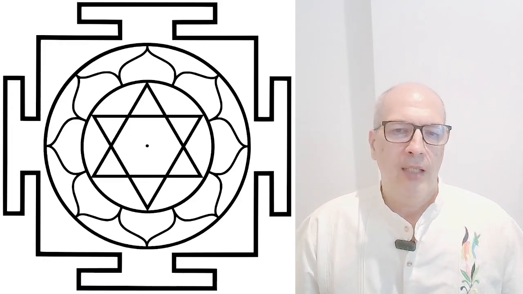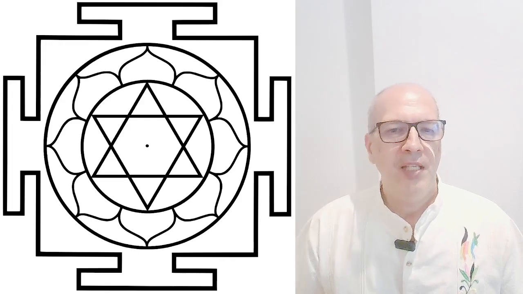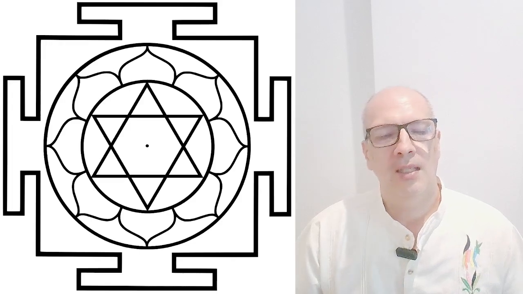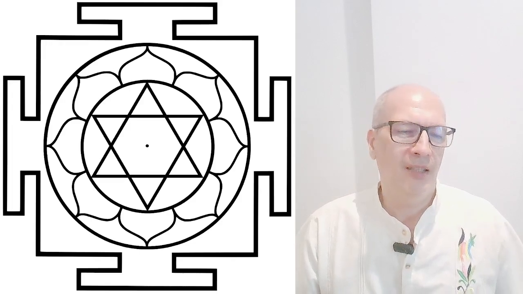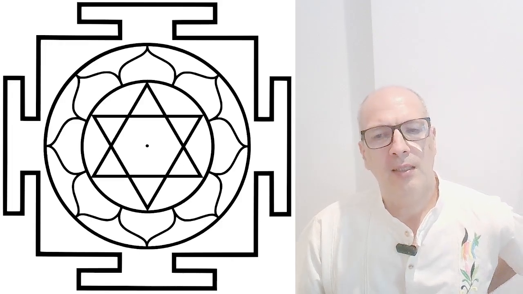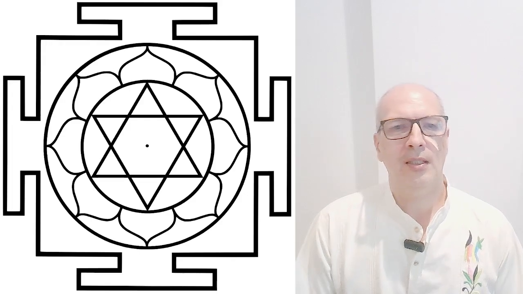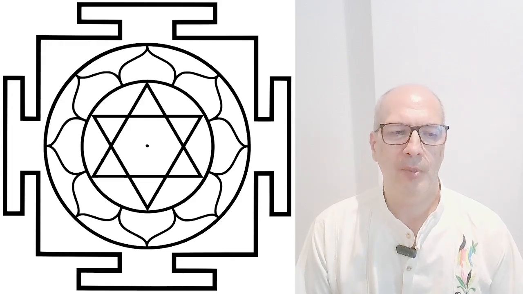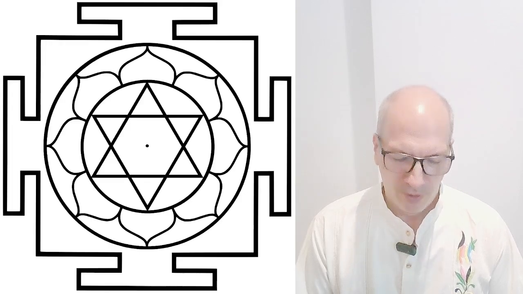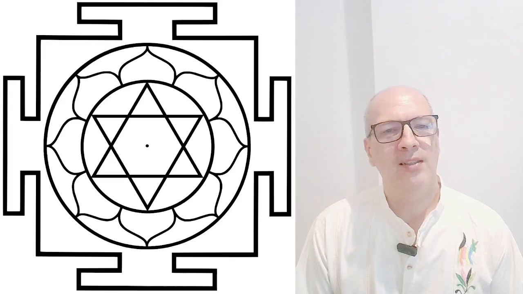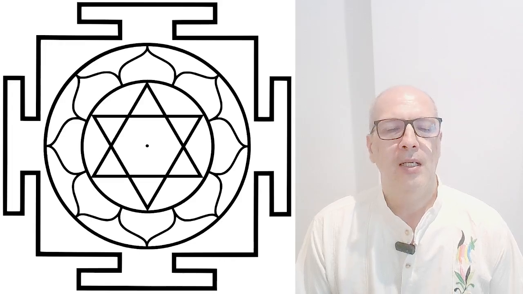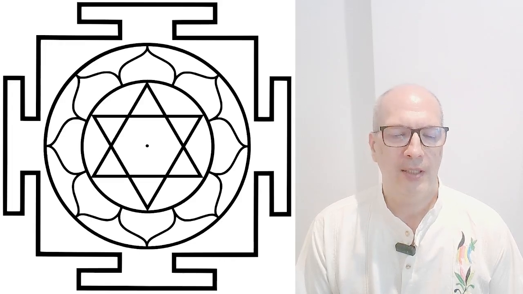But usually we are facing east, because the sun is rising from the east. And in yoga tradition, in yoga spirituality, east and the sun rising are very important because the sun is a symbol of consciousness.